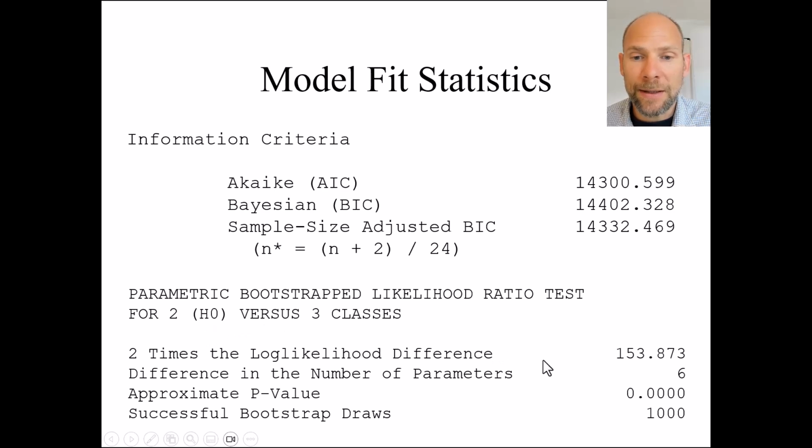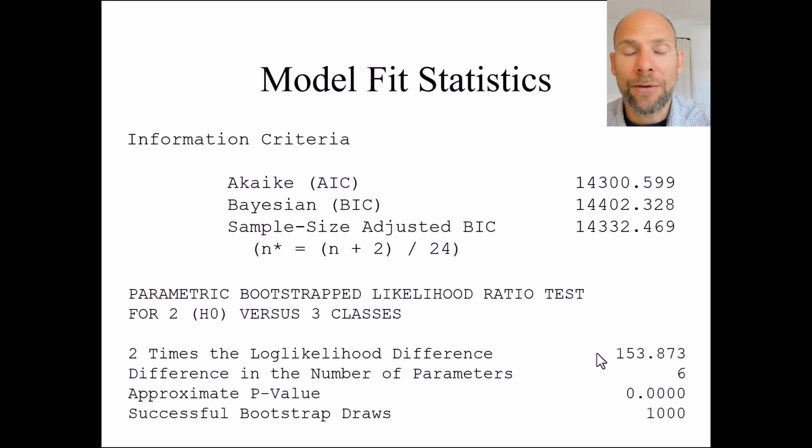And you can see that the likelihood ratio difference here, 153, or 2 times the log likelihood ratio difference, which gives us a likelihood ratio statistic, is significant according to this bootstrap p-value that is very, very small based on 1000 bootstrap samples, and that means that the 2-class model is rejected. So the null hypothesis that the 2-class model is the true model can be rejected because this p-value is significant, or in other words, the 3-class model fits significantly better than the 2-class model. So that's important for the interpretation here in terms of model fit.